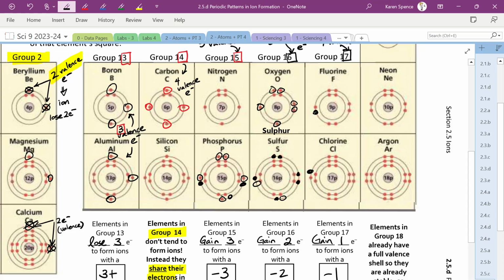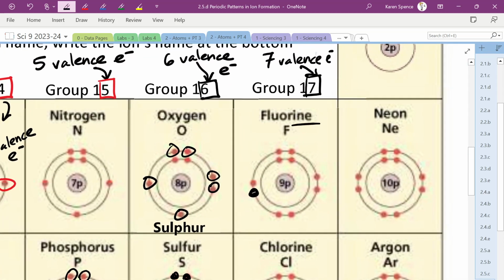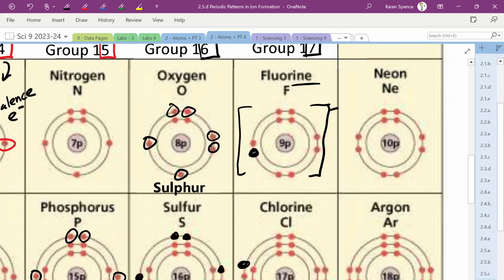While we're here, shall we write out the names of the anions? What would we call fluorine? Fluorine, when it becomes an ion, becomes what? Fluoride. Now, I want you to watch fluorine. It's not OU, it is UO.